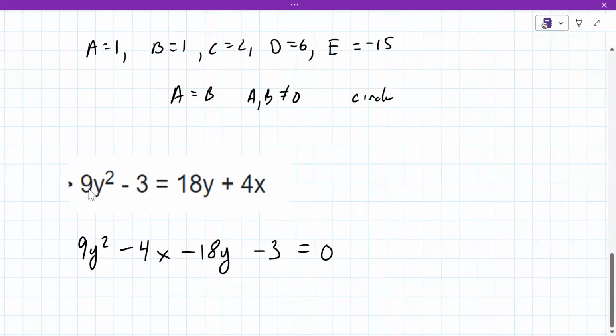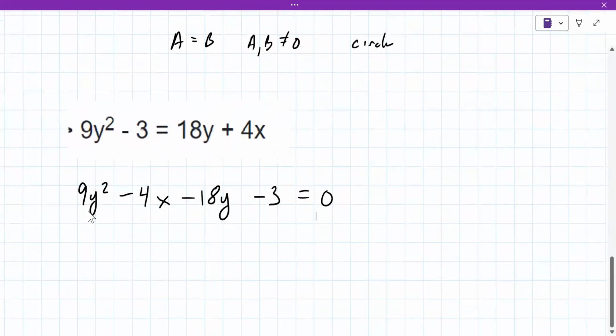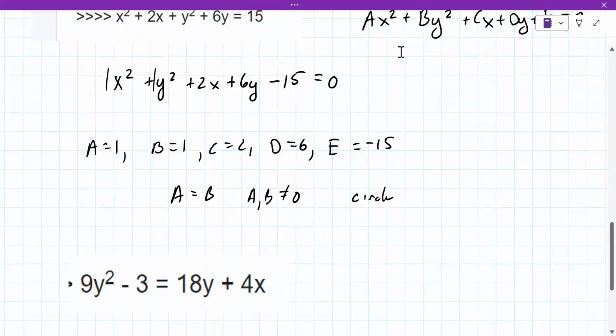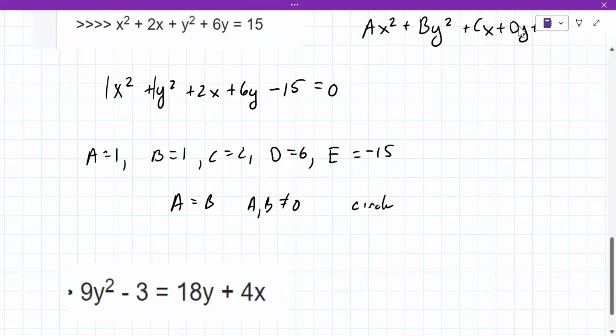Is that okay? Yeah. All right. So now what's maybe a little bit awkward, I'll just write it here, is it's really a 0x squared in front, because you really want to be in this form where it's ax squared, by squared, cx, dy, minus e.